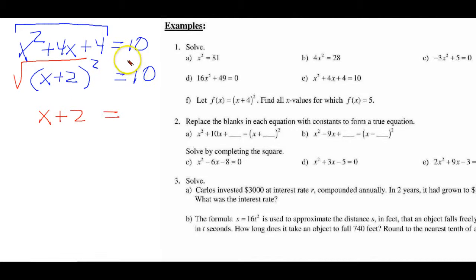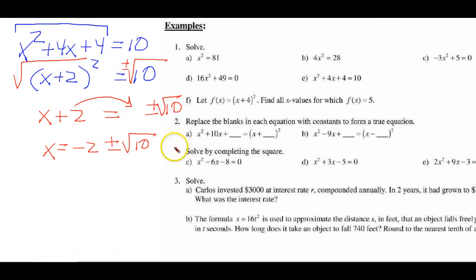And then we take the plus or minus square root of the other side, and we get plus or minus the square root of 10. Now, all we have to do is transpose this, and we get our answer. x equals negative 2 plus or minus the square root of 10. Wow.